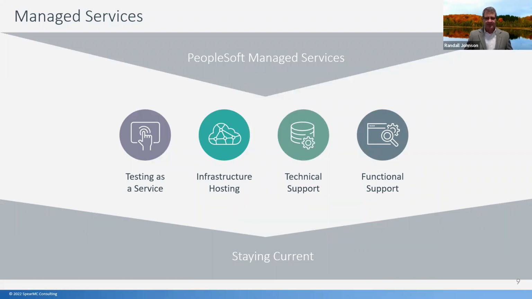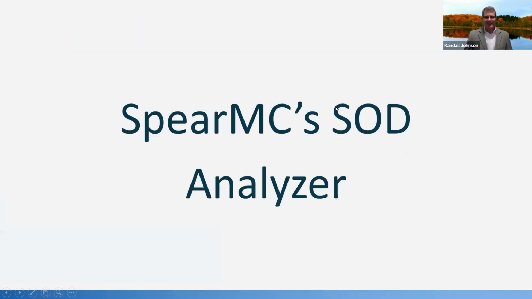OCI is our preferred partner, but we understand that many organizations simply have alignment with other providers, and so we have the ability to support you in any cloud platform that you're looking for. And then technical functional support. This extends to module implementation, even upgrades across the board. These are the services that we provide in managed services, and that's it for the About SpearMC commercial.